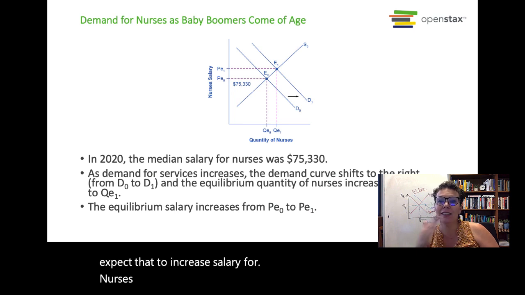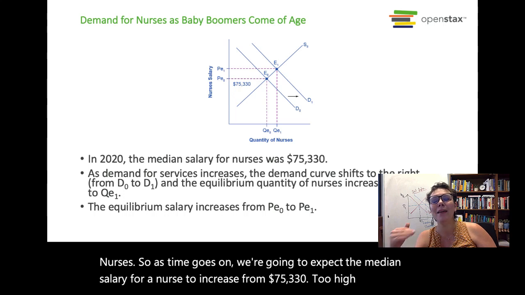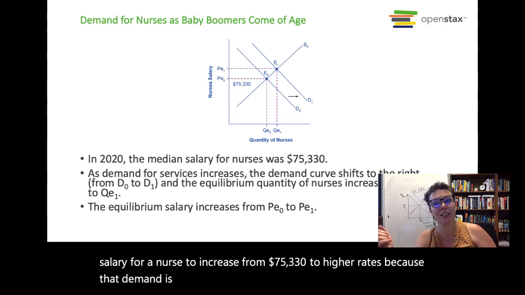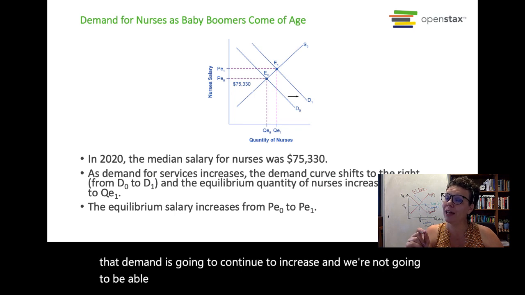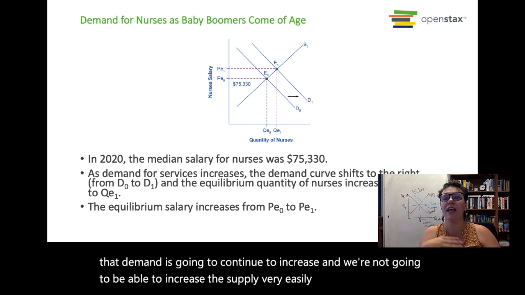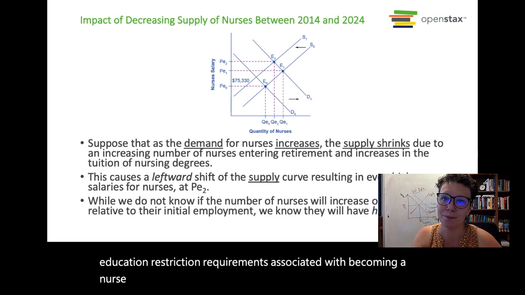So as time goes on, we're going to expect the median salary for a nurse to increase from $75,330 to higher rates because that demand is going to continue to increase. And we're not going to be able to increase the supply very easily because of the education restriction requirements associated with becoming a nurse. Okay?